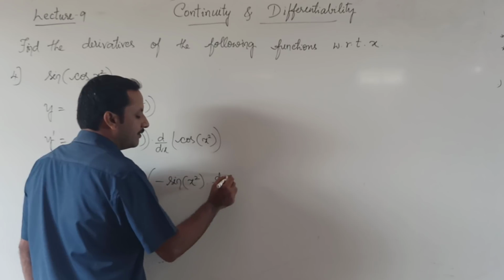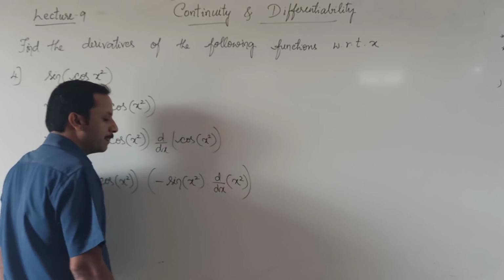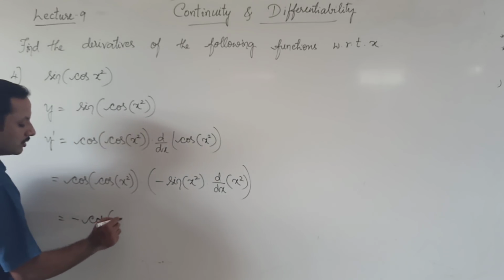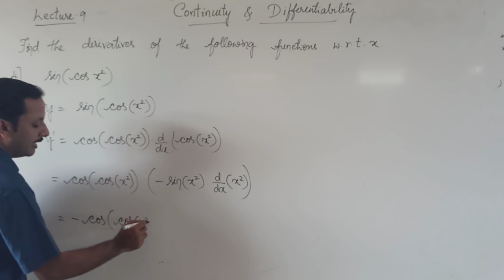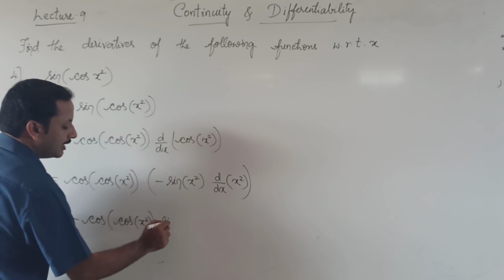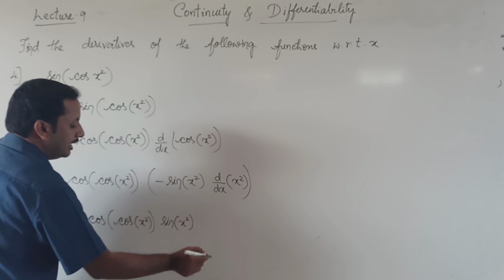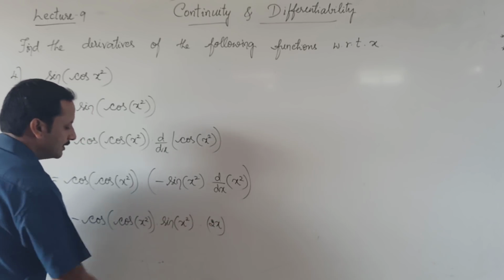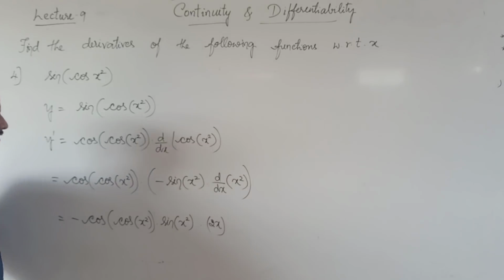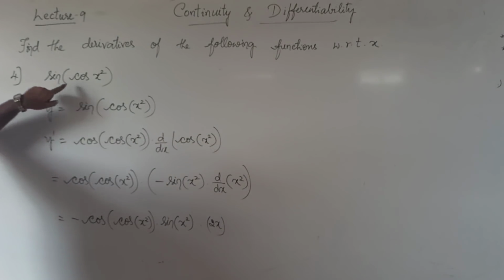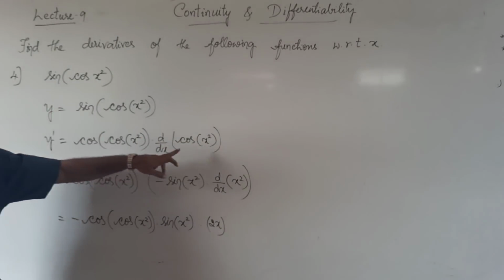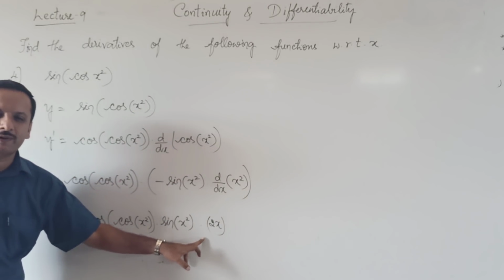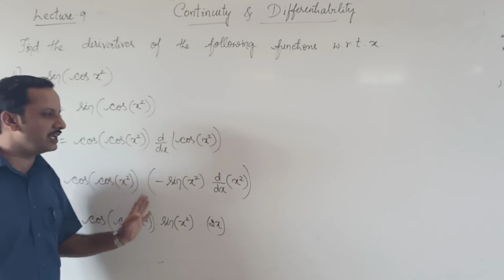Into the derivative of x square. That minus I will write here. So we got minus cos of cos x square into sin x square into the derivative of x square, which is 2x. Observe here: first we differentiated for the sine, then for the cos, and after that for the x square, and hence the name chain rule.